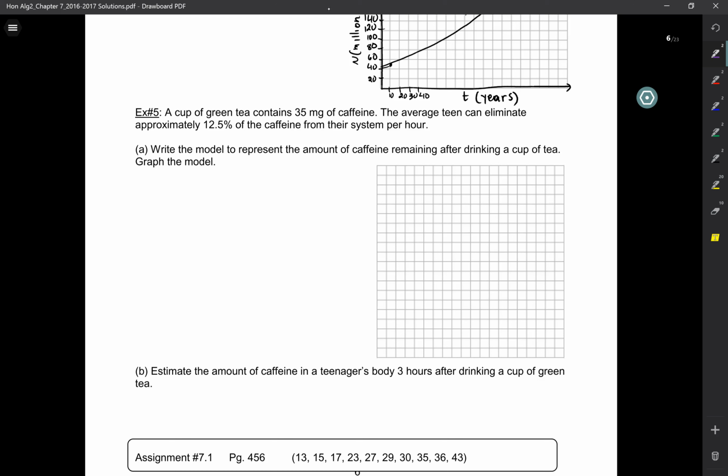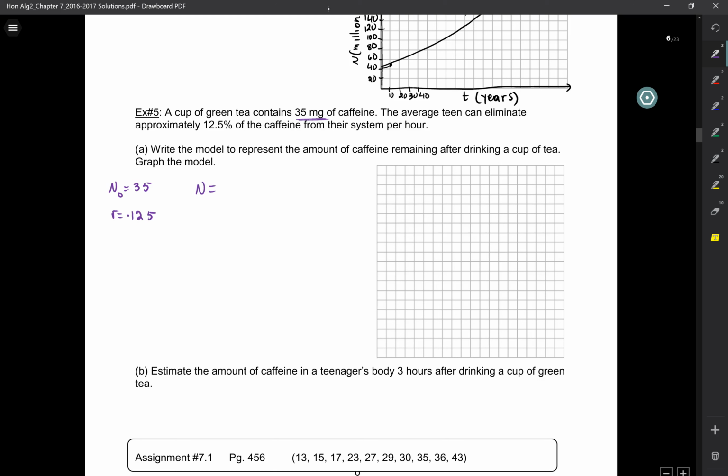4.8. Oh, okay. I think we were off by a factor of 10. Okay, I'll go back right now. Sorry. So here, this is the initial amount, right? N naught is 35. R is 0.125.